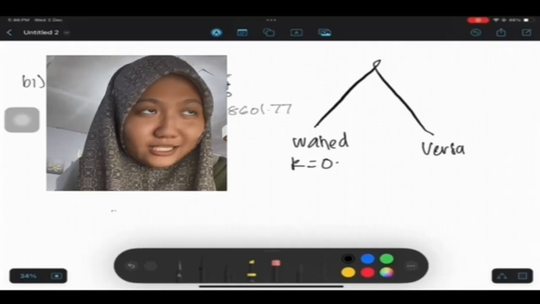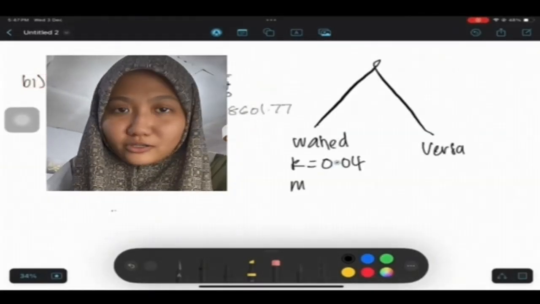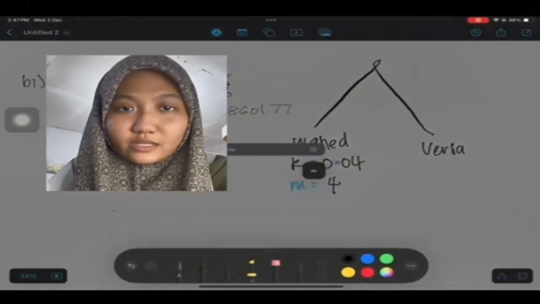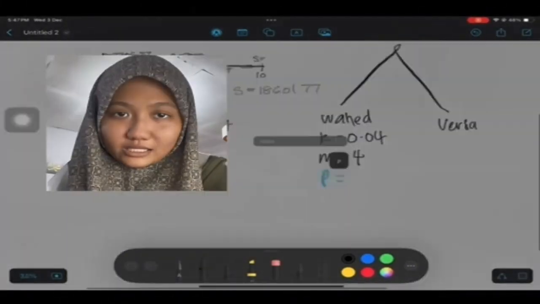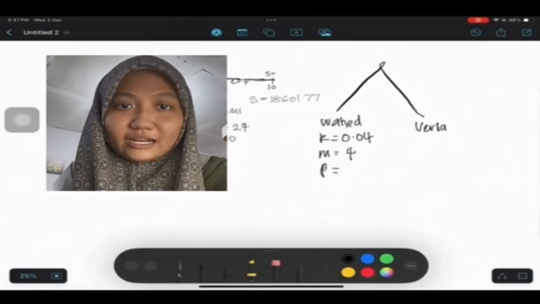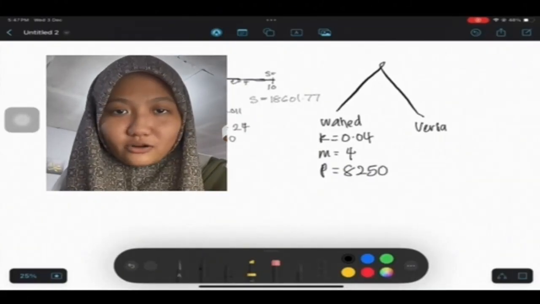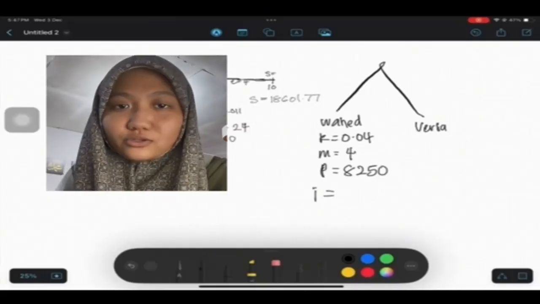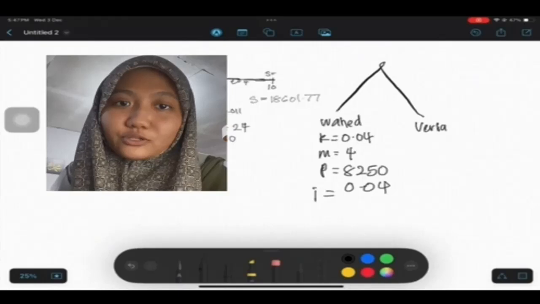Based on the question, Wahid Fund provides 0.04 interest rate, and it's compounded quarterly, and the P is 8,250, and I is K divided by M, which is 0.04 divided by 4 equal to 0.01, and N is 4 times 4 equal to 16.